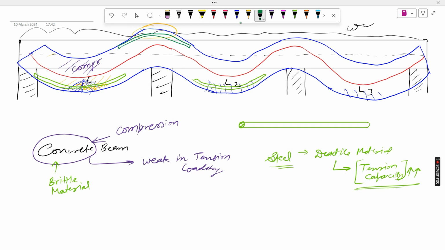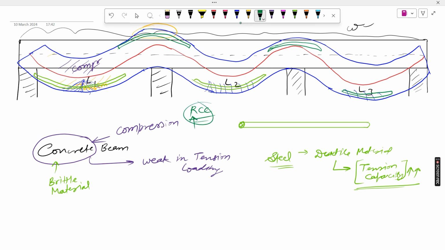This is the logic behind why we put reinforcement in the concrete sections.